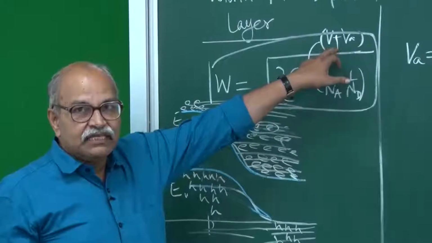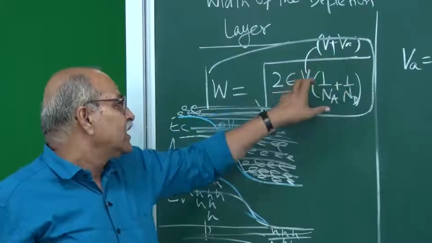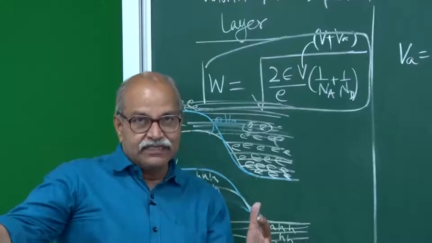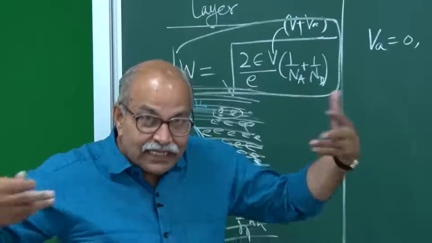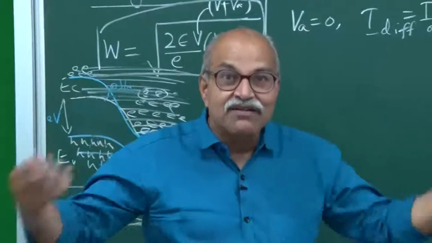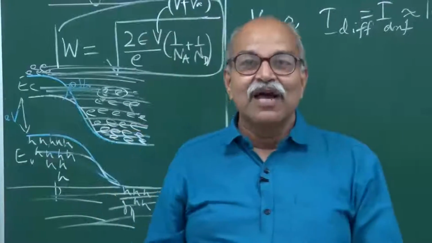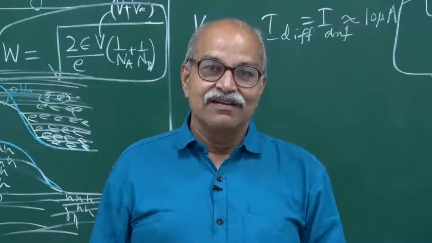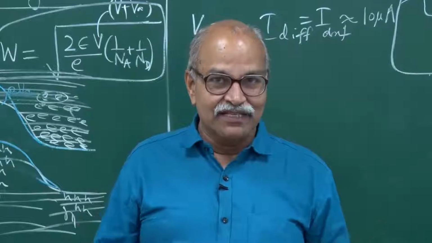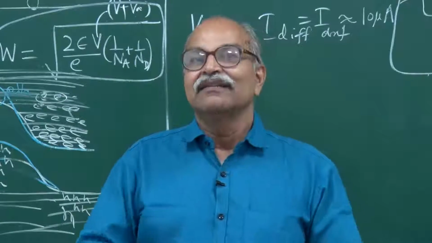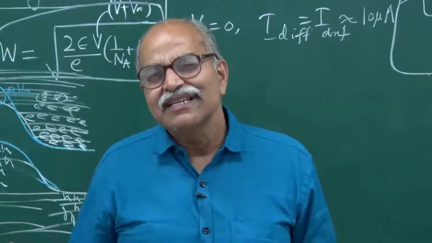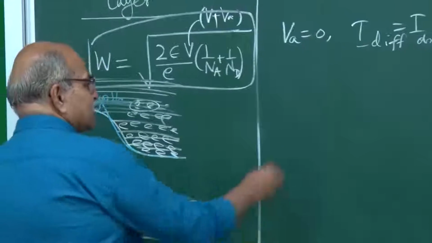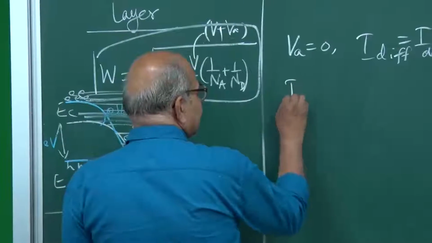You have increased that barrier, and therefore this width will be slightly increased, and therefore in a slightly bigger region you have those thermal generation of EH pairs. And if more EH pairs are generated in the depletion layer, then the drift current will be slightly more, but that is insignificant, and for all practical purposes you can take it as the same in reverse bias.